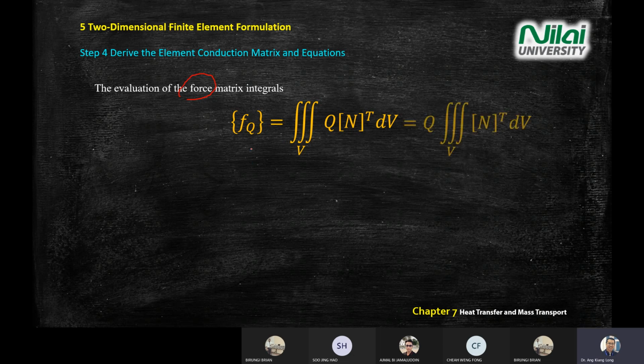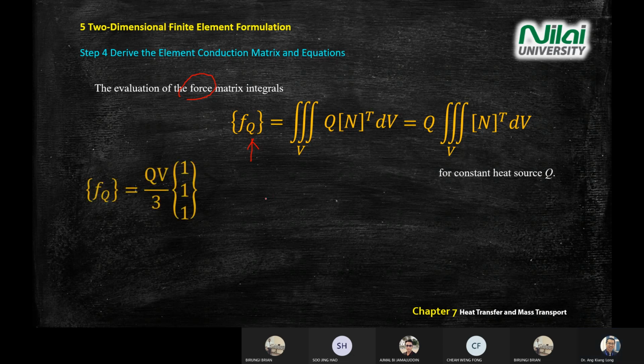You have the Q. Once you have the heating element, you need to calculate the forces because of the heat element. Fq equals this equation. Again, there are lengthy steps of derivation. At the end, you arrive at this simple equation. So Fq equals, again, a small f. We look at the small element first, and then we combine them.